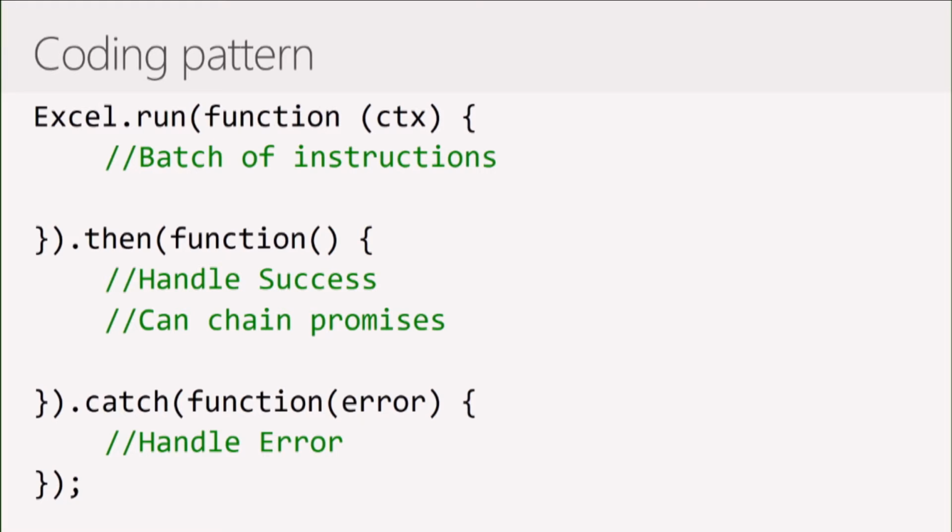So this JavaScript library basically has a coding pattern where you create a function and you can batch a different set of instructions within that execution block. And because it supports batching, you can also chain the set of promises.